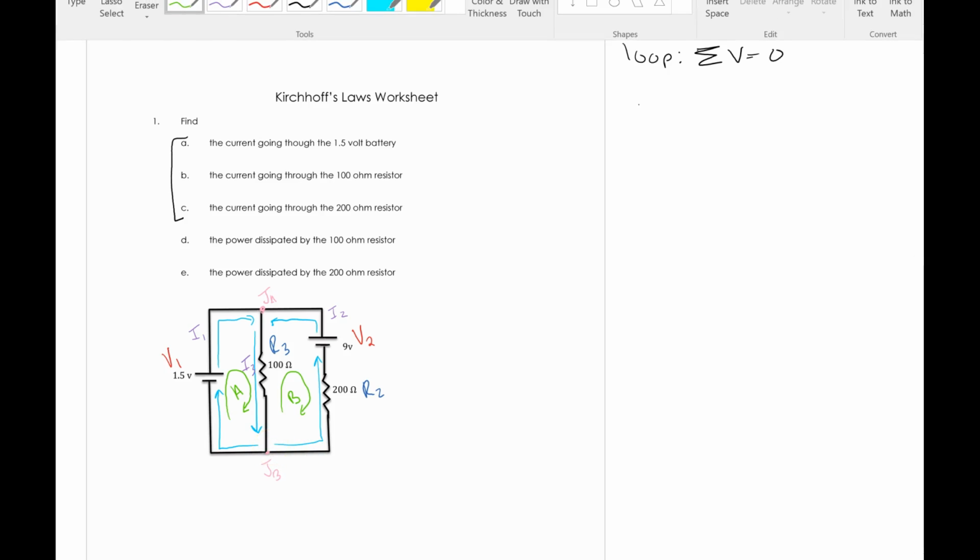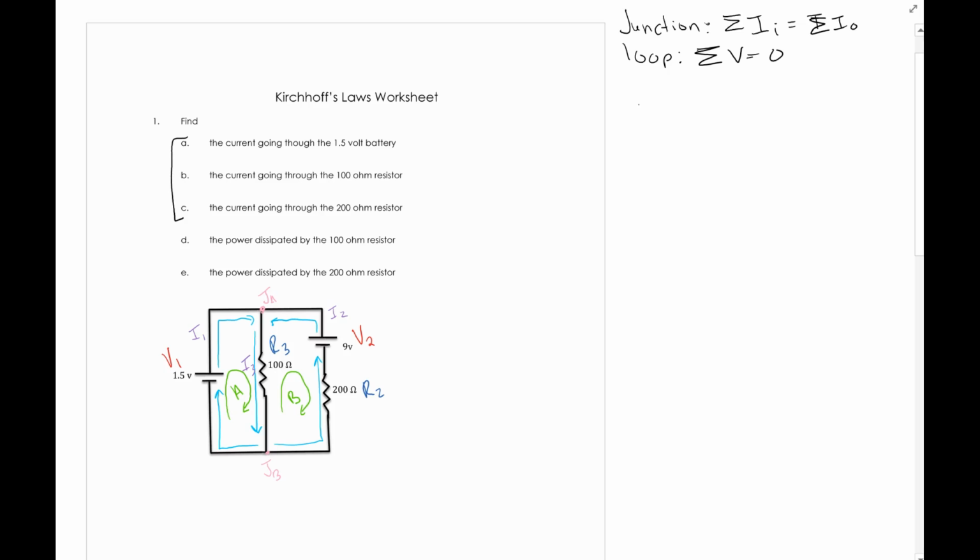So now we are ready to go ahead and get started with our problem solving. I'm going to go ahead and apply the junction rule first. Because we only have three unknowns and we're going to end up looking at two loops, we only need one junction rule. I'm going to go ahead and pick junction A. As I do that, I see I have current 1 and current 2 coming in and current 3 coming out.